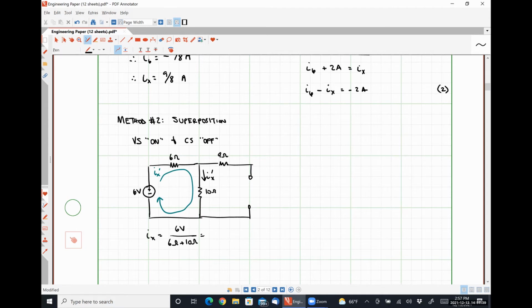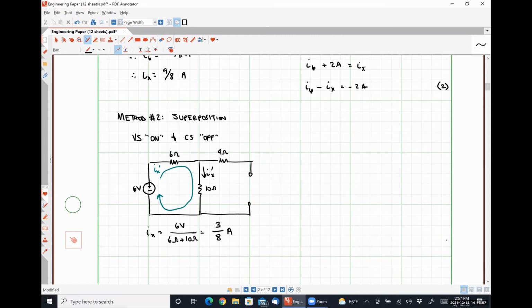So that's going to be 6 over 16, or 3/8 of an amp. Anybody have any problem with that level of analysis? All right.